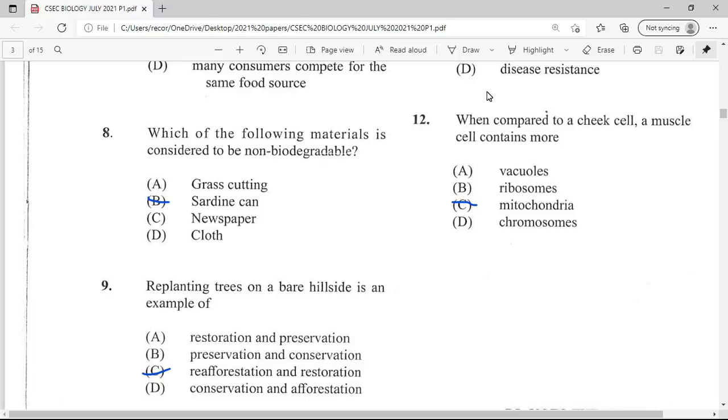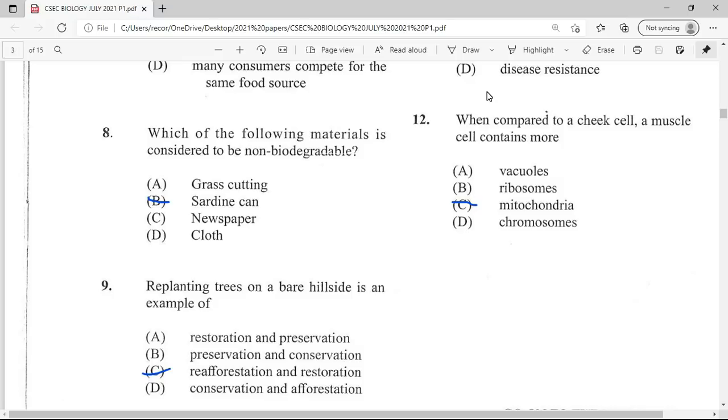We are looking at the big word reforestation, which is of course a synonym for restoration, and afforestation, which is pretty much planting in an area where there was nothing before. But this is not afforestation. We are looking at reforestation and restoration.